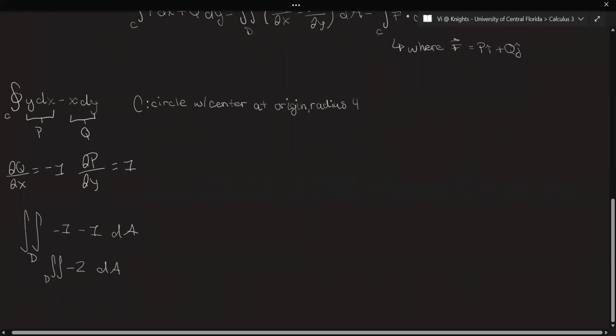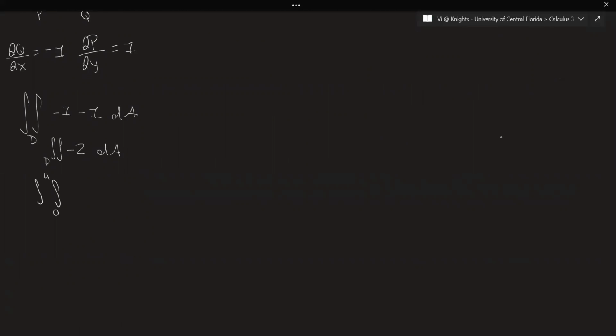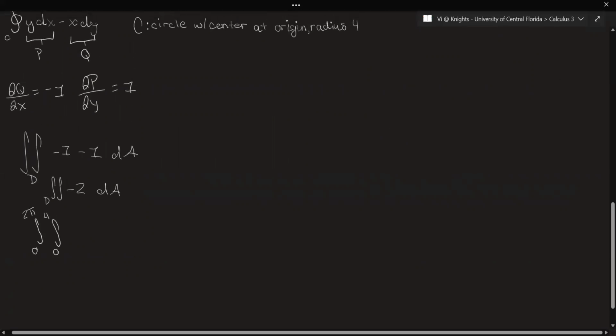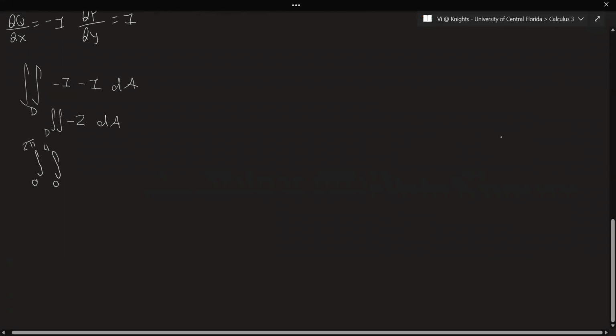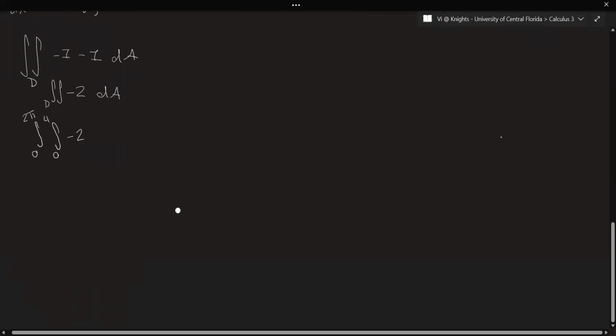So we're going to do from 0 to 4, and then we know that it's rotating from 0 to 2 pi. Then we're going to put -2 here. And remember, when we're parameterizing, we're also going to include r dr d theta.